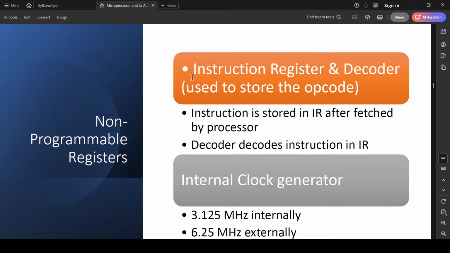You cannot program non-programmable REGs, instruction register and instruction decoder, both of them. Instruction is stored in IR, instruction register, okay, after being fetched by the processor. The decoder decodes the instruction in IR. Very easy.